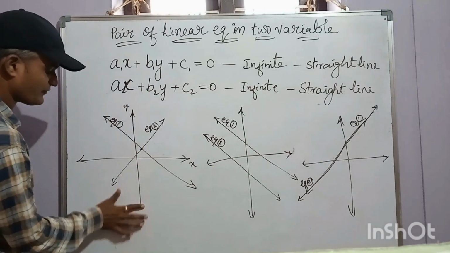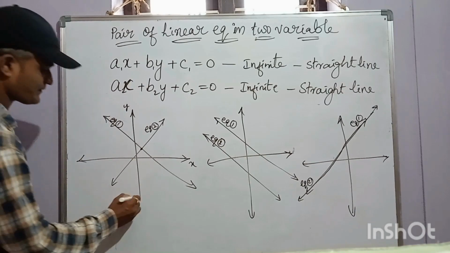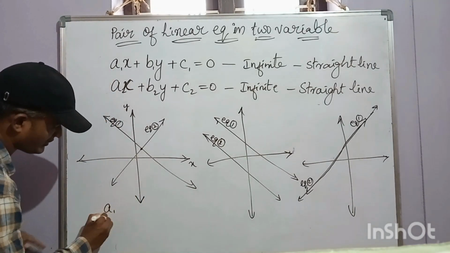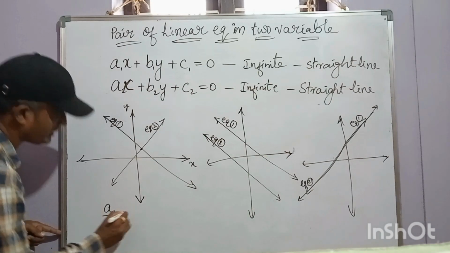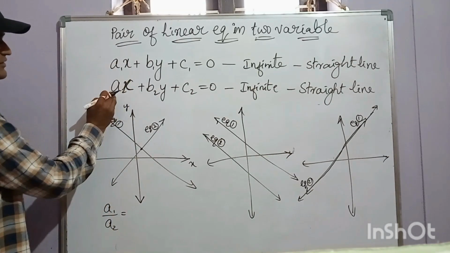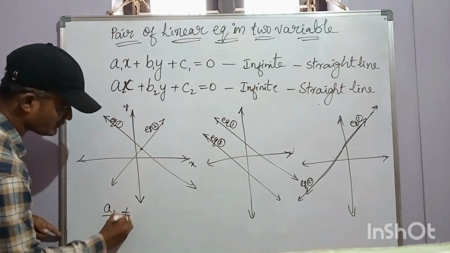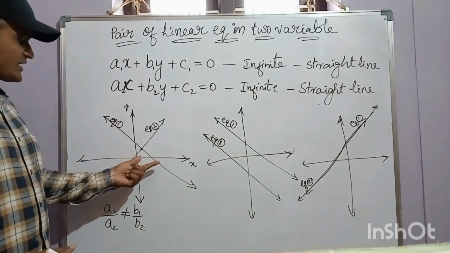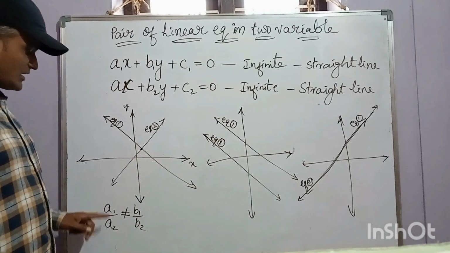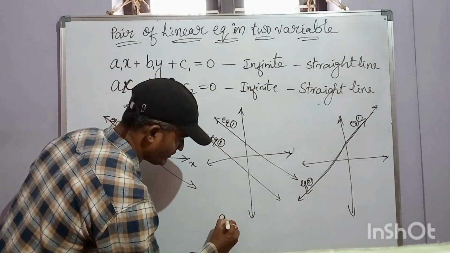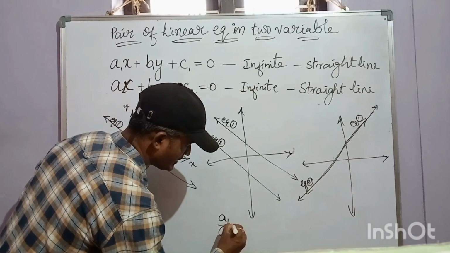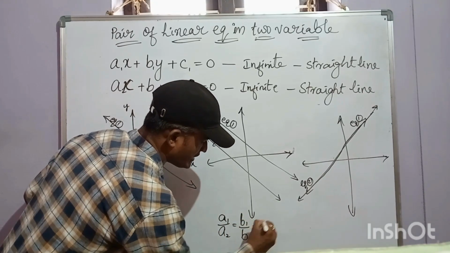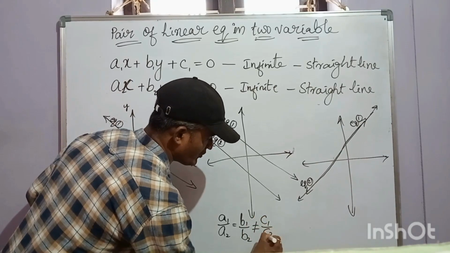If a1 by a2, the ratio of the coefficients of x terms, is not equal to b1 by b2, then they are compulsorily intersecting lines. But if a1 by a2 is equal to b1 by b2, and it is not equal to c1 by c2, they are parallel lines.